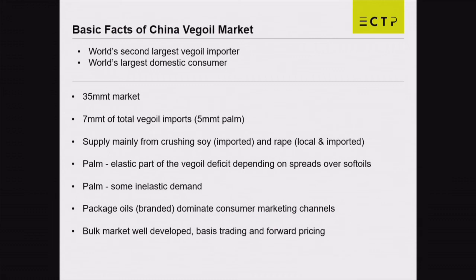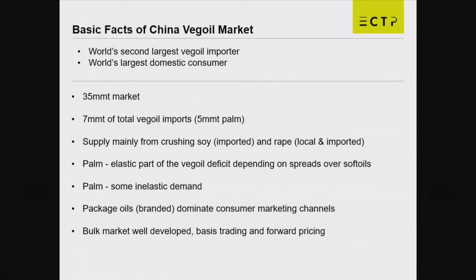Firstly, let me briefly go through the basic facts of the Chinese visual market. As we all know, China is the world's largest domestic consumer and also the second largest visual importer after India.